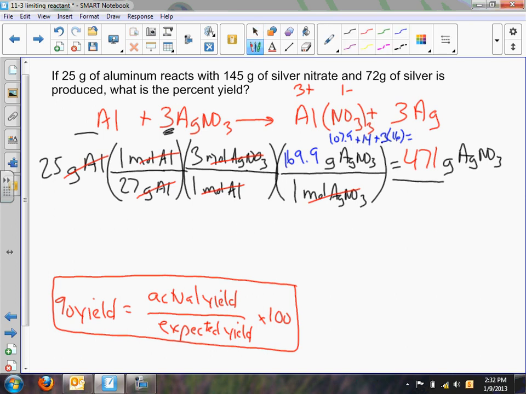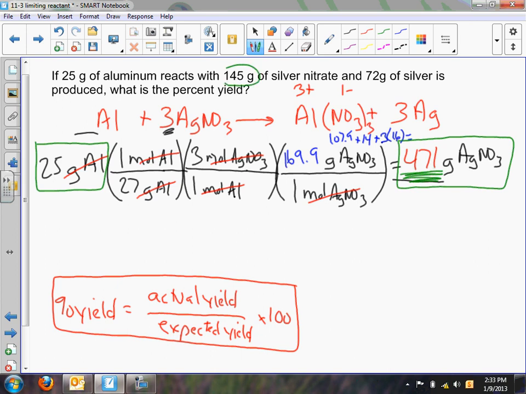So now the question becomes, what is my limiting reagent? Well, what we've done is we've figured out that if 25 grams of aluminum reacts with silver nitrate, and they're in the correct ratio, I would need 471 grams of silver nitrate. Well, how much silver nitrate do I have?